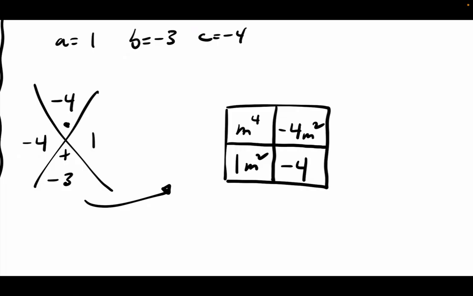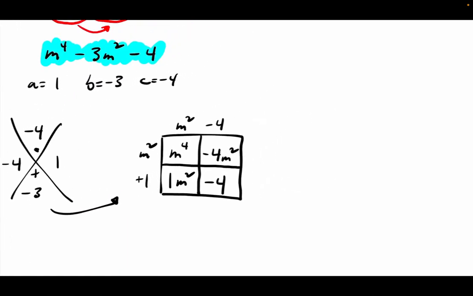What times what makes m to the 4th? M squared and m squared. And you got a -4 and a +1. So m squared minus 4, m squared plus 1. The GCF was just 1, so you don't need to write the 1 in front.